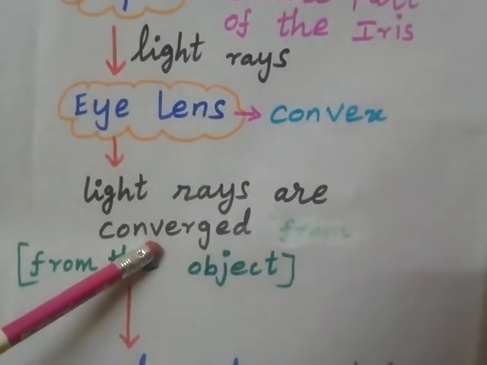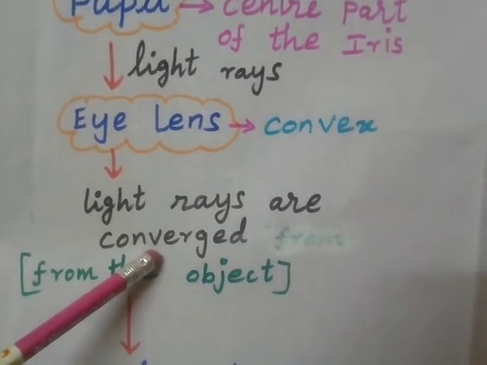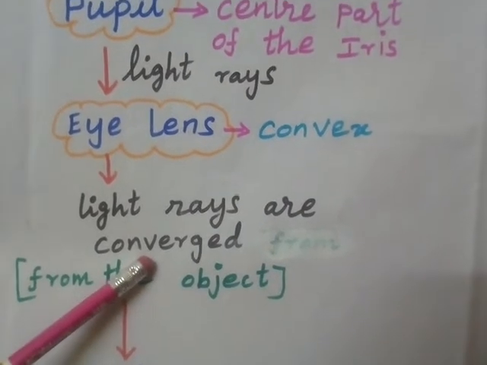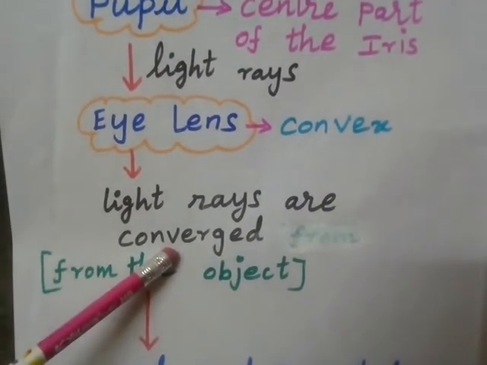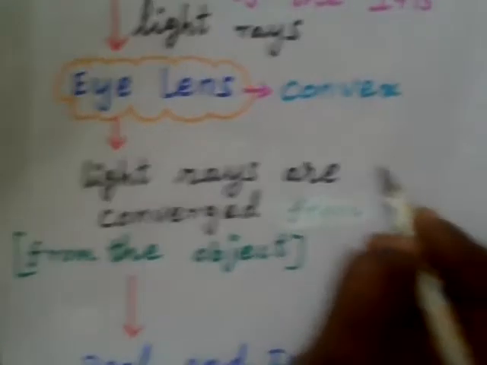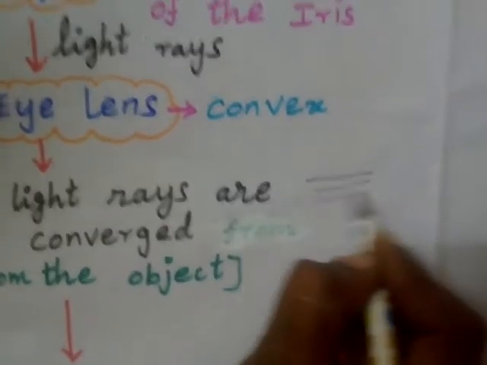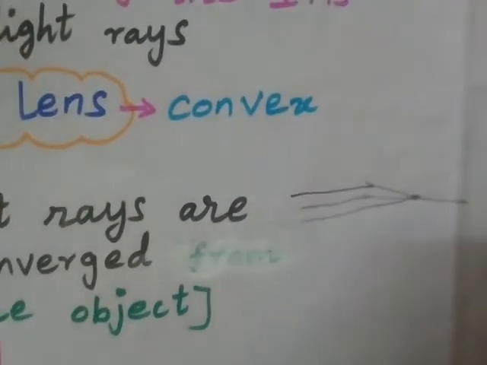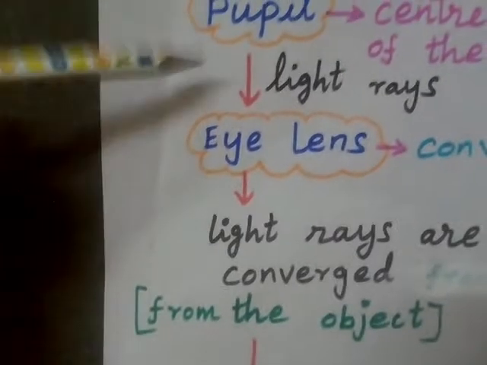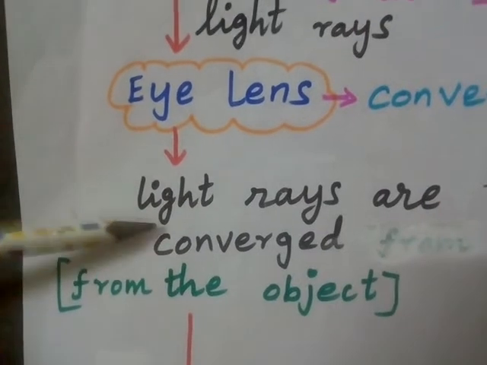Converged means all the refracted light rays meet at the same point, any one point. So the light rays are converged.